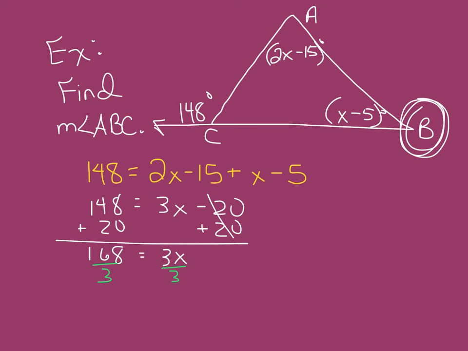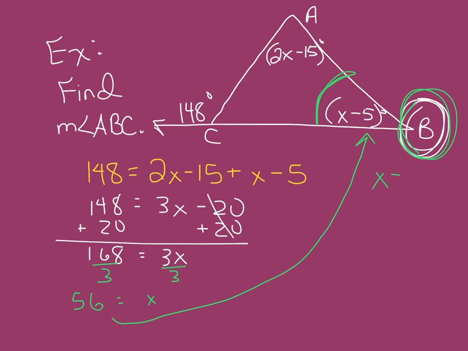So x is equal to 56. Now remember, this question did not ask us to find x. It says to find the measure of ABC, which is this angle right here. So if x is 56, let's substitute it into that value. x minus 5 means 56 minus 5, which is 51 degrees.